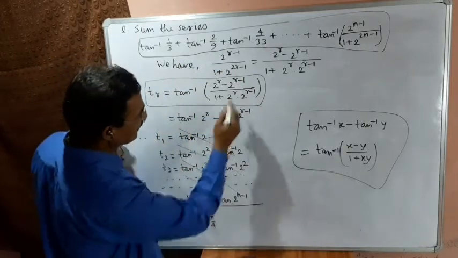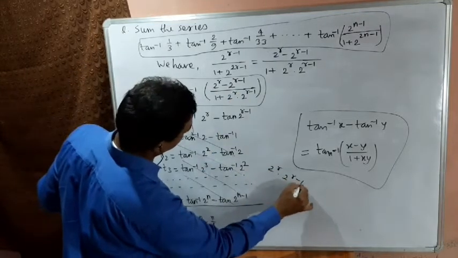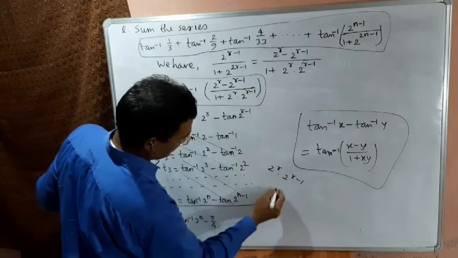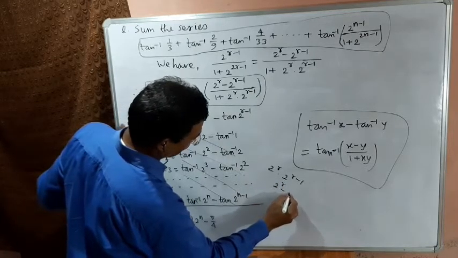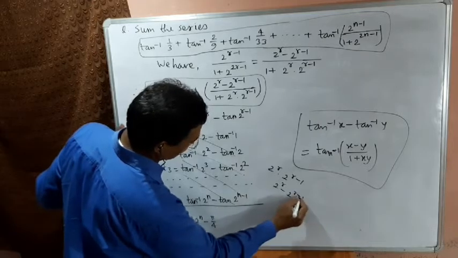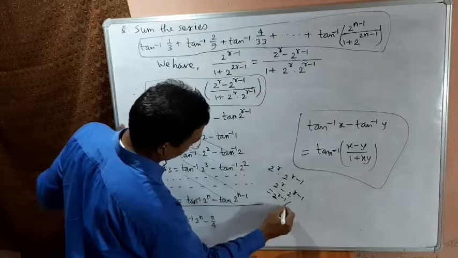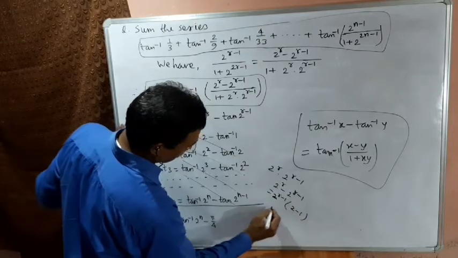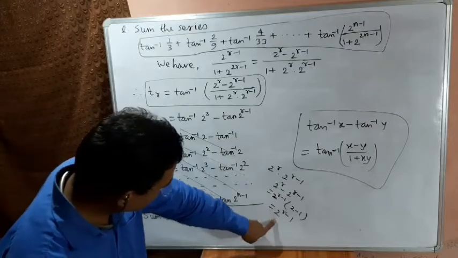Now, by hit and trial, we search: one factor is 2 to the power r, one factor is 2 to the power r minus 1. If we write this like 2 to the power r minus 2 to the power r minus 1, this will give 2 to the power r minus 1 common. Here 2 minus 1, that is 2 to the power r minus 1, which is equal to the numerator.